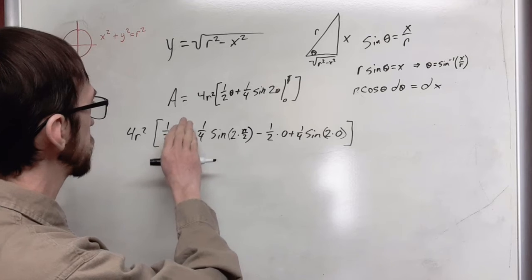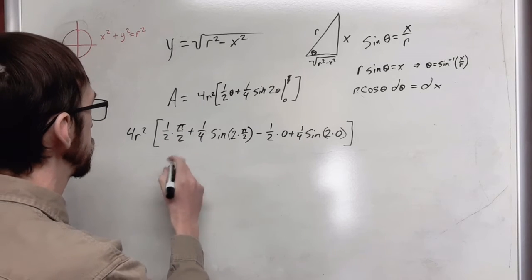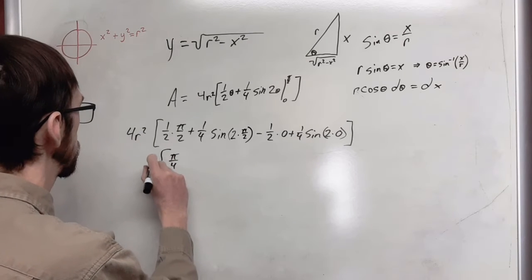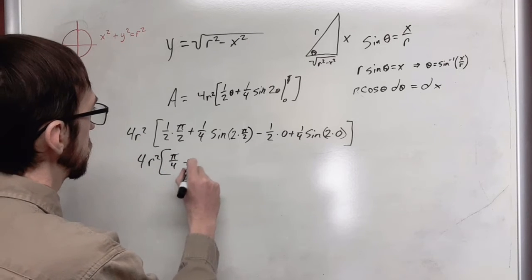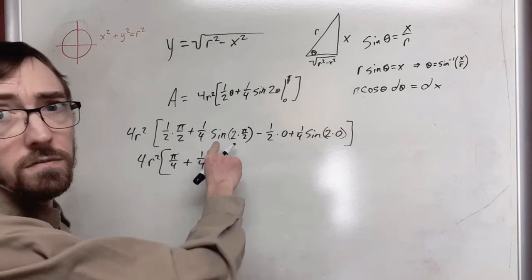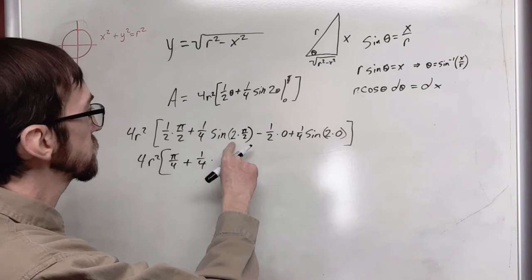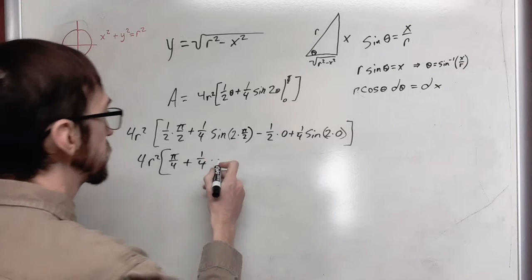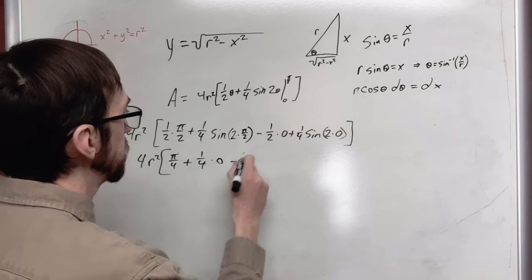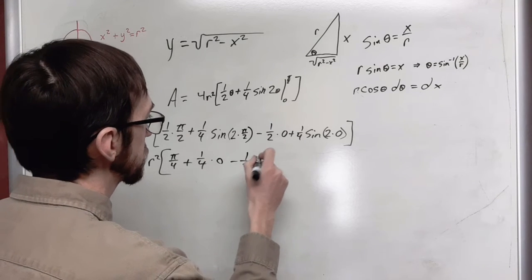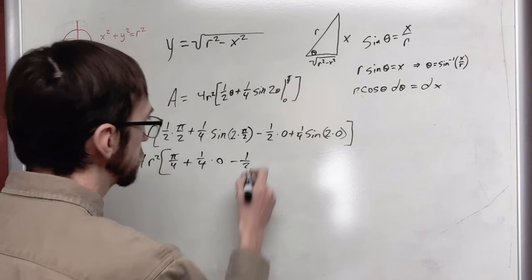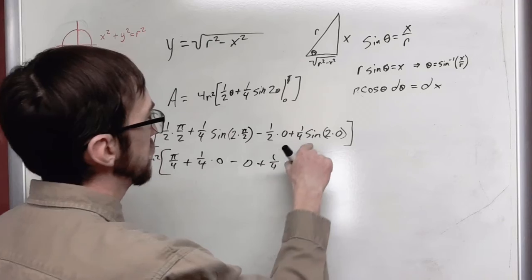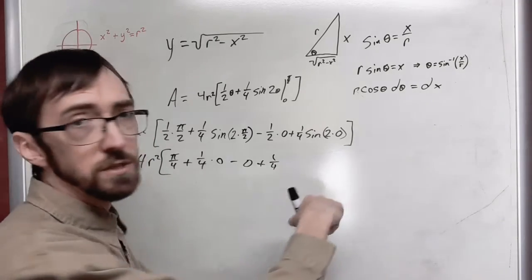So 1/2 times pi halves is going to give us pi fourths here. So we're going to have sine of 2 times pi halves, which is the sine of pi, which is 0, minus 1/2 times 0, which is 0, plus 1/4 times the sine of 2 times 0.